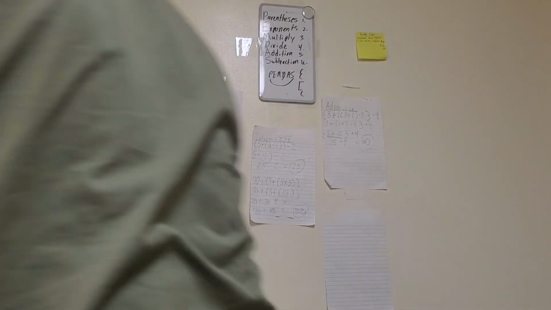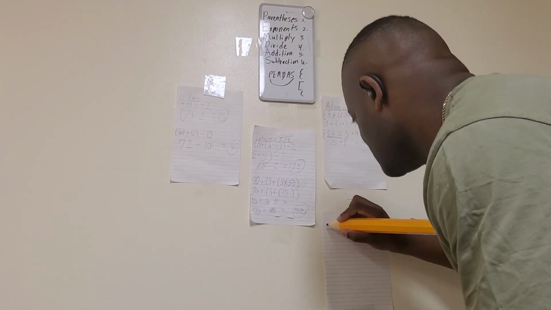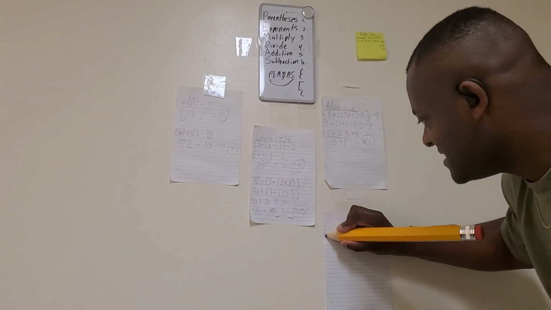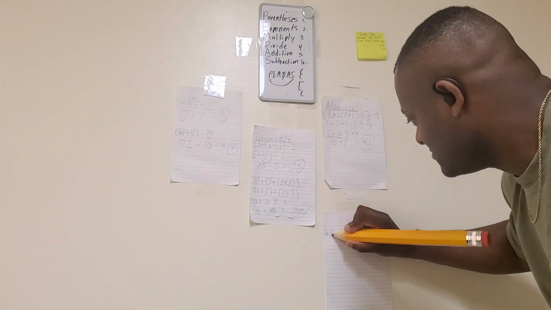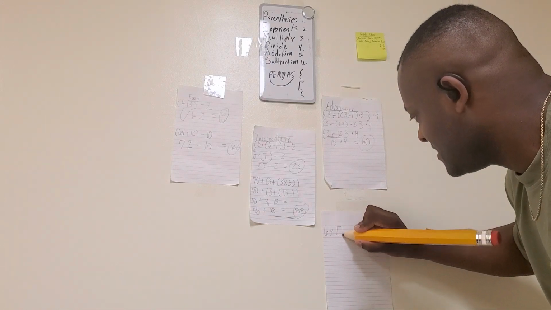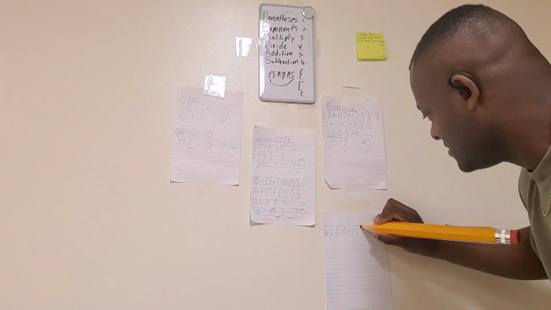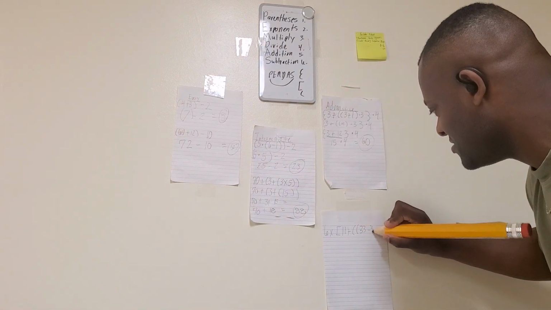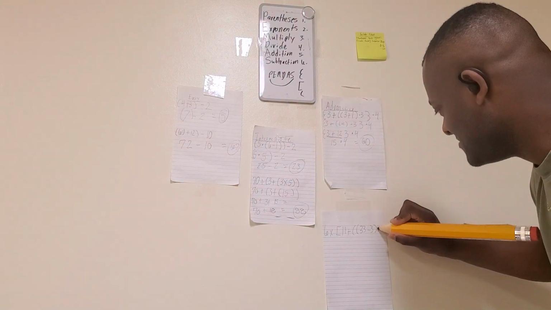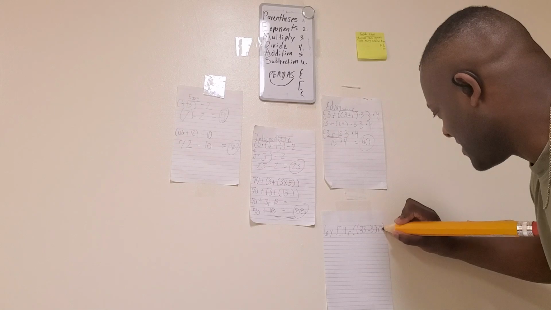I think I got one more, and we'll probably close it. Let's see. Here's the last one. Okay. Oh, this one looks kind of complicated, so bear with me. 6 times bracket 11 plus bracket 33 minus 3 bracket times 7 bracket.